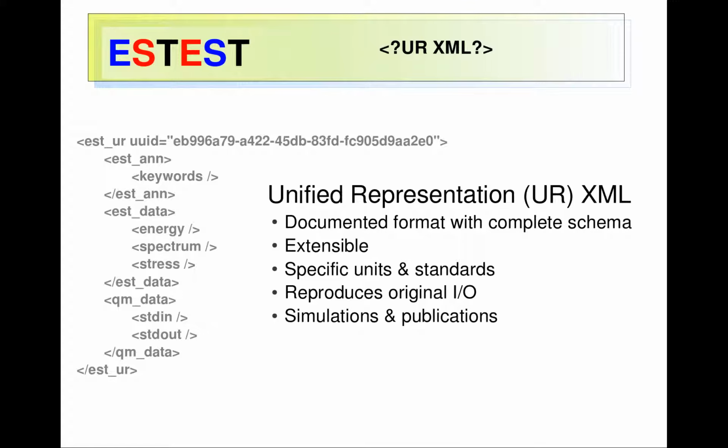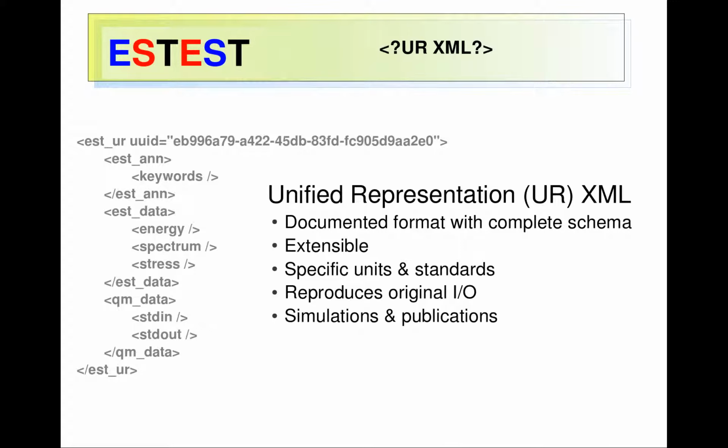And then the last section is called QM data. It contains the original I/O reproduction itself. And every URXML document is going to have associated with it a UUID reference that is completely unique to that document and specifies it in our database.